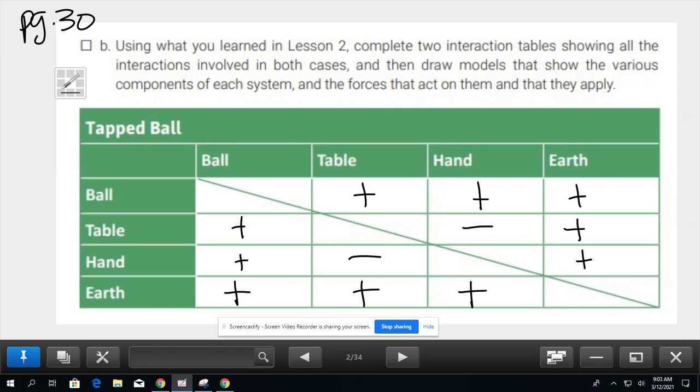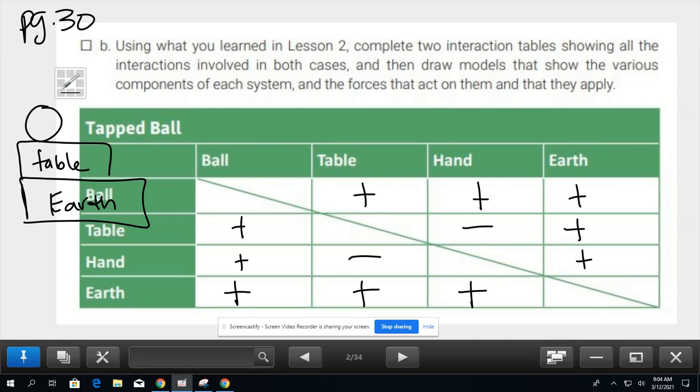So we know that at the bottom of any free body diagram that we draw, we have earth. And then what is physically touching earth is the table. On top of the table is a ball. And then we have a hand.